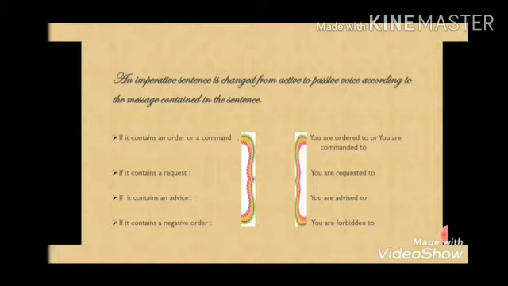Next, if the sentence contains a request, you have to write "you are requested to". If the sentence contains advice, you have to write "you are advised to". If the sentence contains a negative order, then your answer is "you are forbidden to".